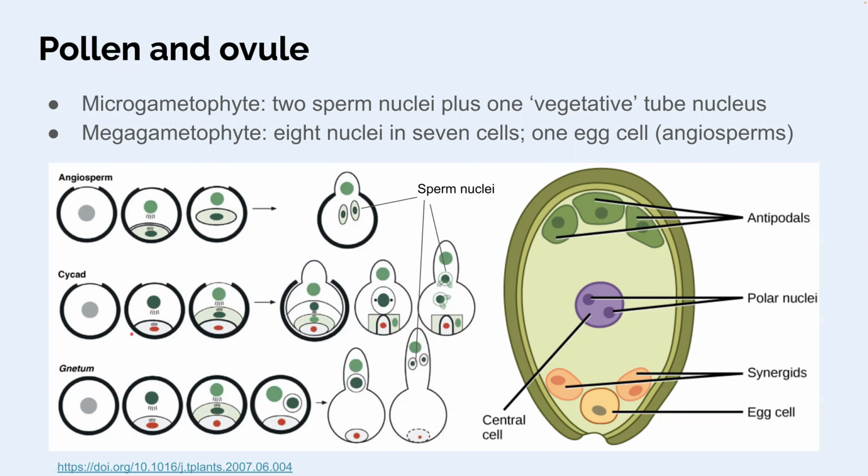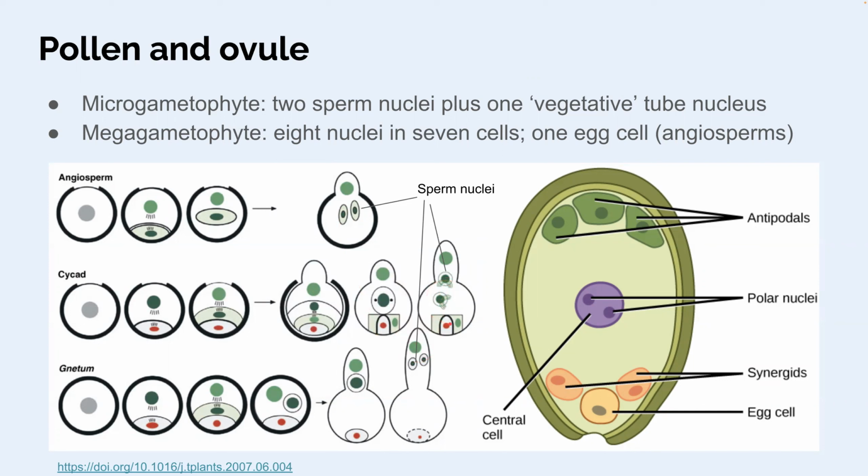And the common structure to all these is a durable wall on the outside and a handful, not a lot, just a handful of these nuclei here, and some of them qualify as proper sperm nuclei. So 2 sperm nuclei in angiosperms, 2 sperm nuclei in Gnetum, and 2, actually, these end up swimming in the cycads here. So these are swimming sperm cells that are carried inside of a pollen grain.